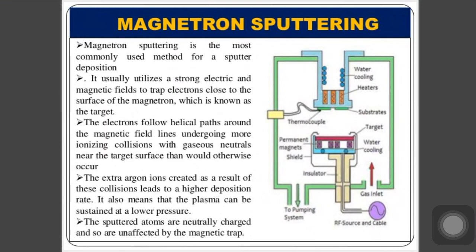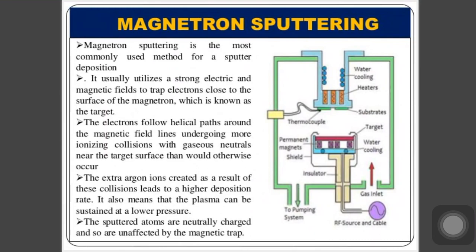The electrons follow a helical path around the magnetic field lines, undergoing more ionizing collisions with the gaseous neutrals near the target surface than would otherwise occur.